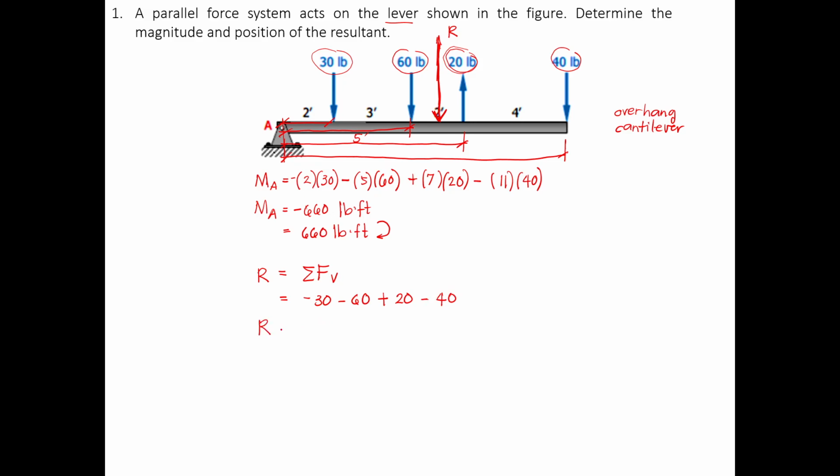So the resultant force is negative 110 pounds. But our problem here is where the location of your resultant force is. You can express your final answer for the resultant in arrow form, so it could also be shown in that manner.